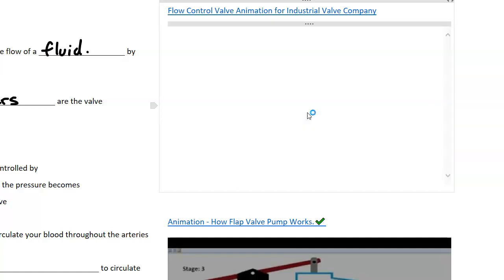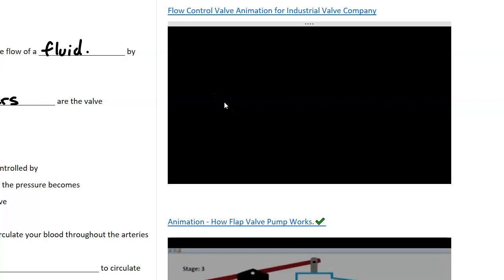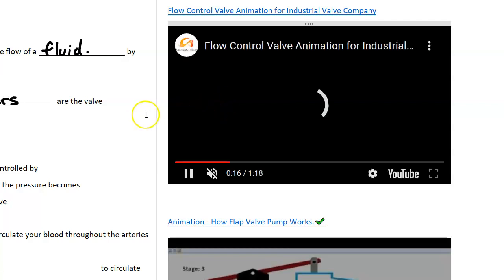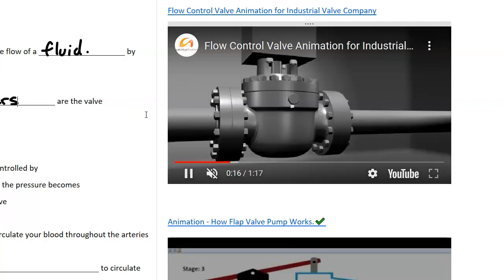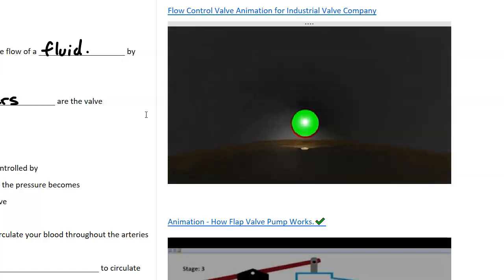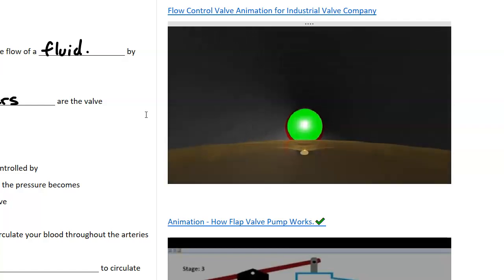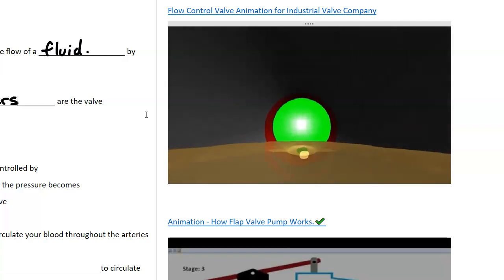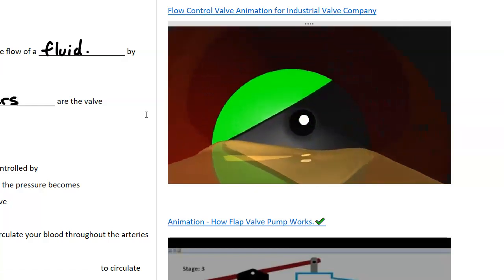So what this might look like would be something like this video. Here we see inside the pipe, and it's coming up to a valve. Now the valve is closed at this moment, and it's opening up.